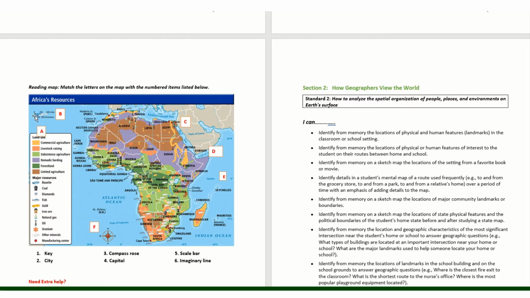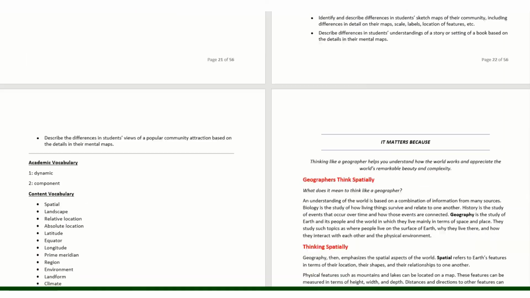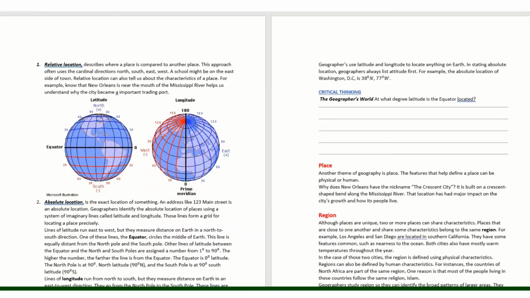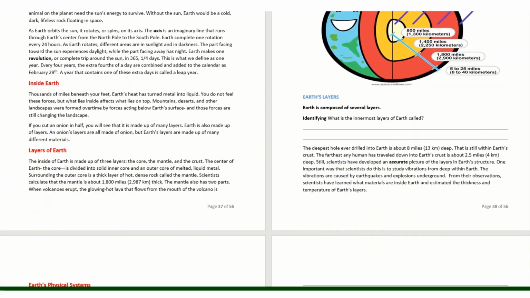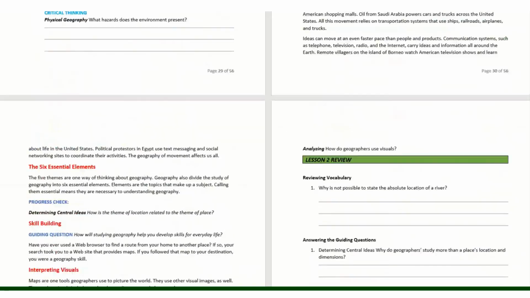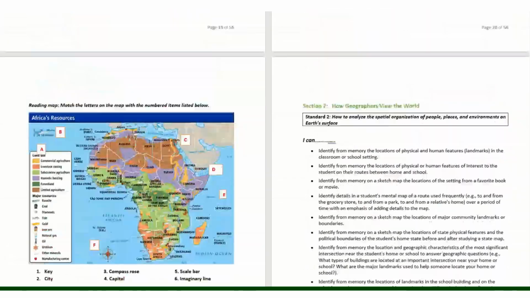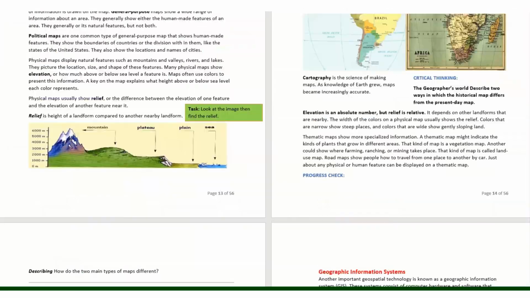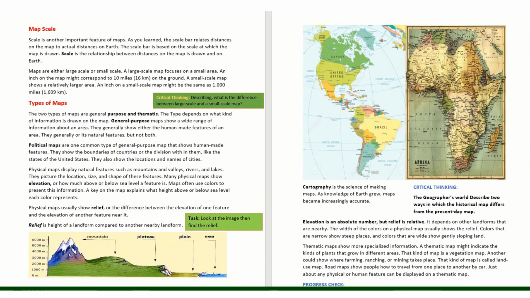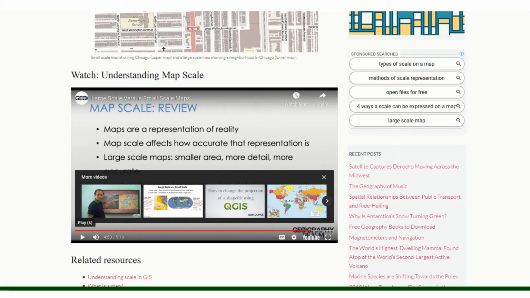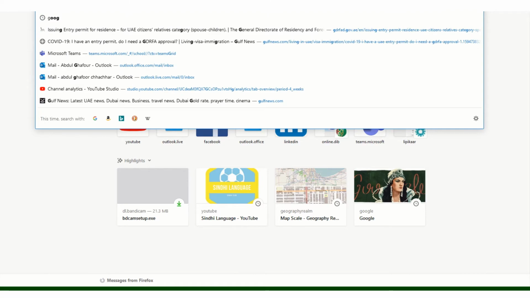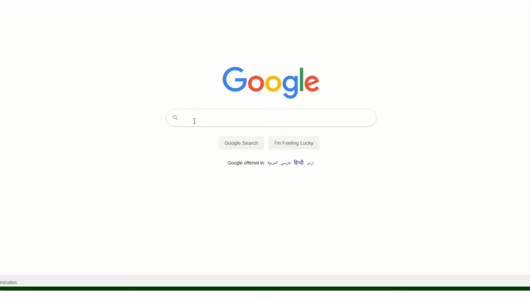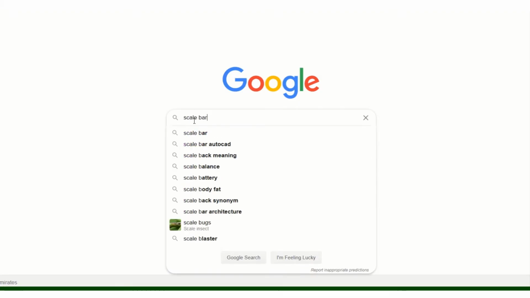Suppose we want to write 1 inch. I'll give you the easiest example in order to understand. You can Google it as well. One second here. I'll just go for that. Google scale bar.